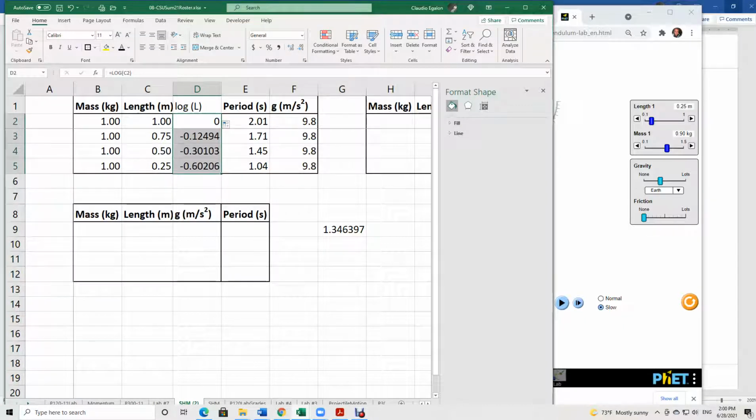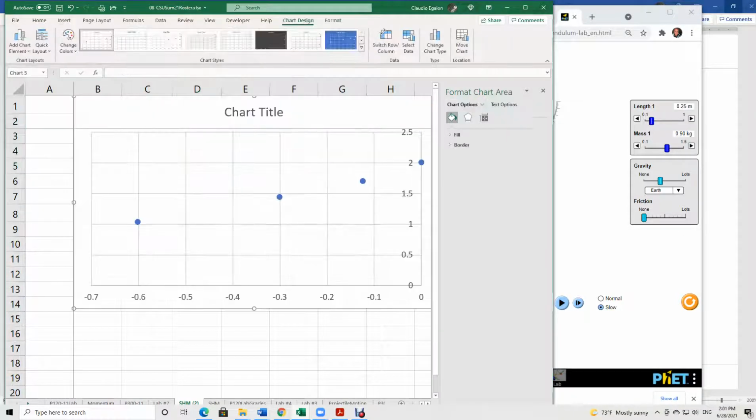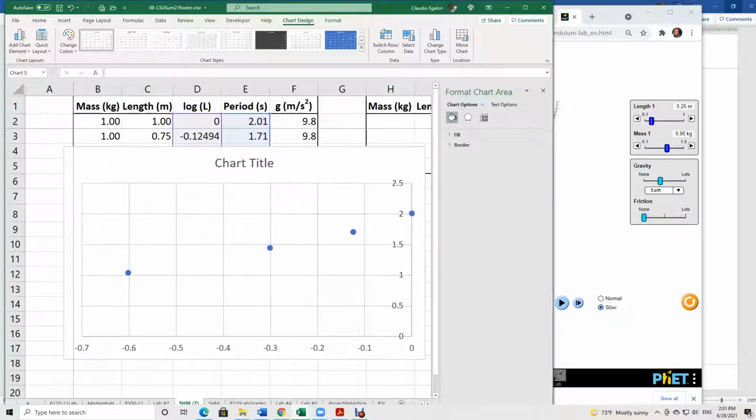Depending on the relationship between the period and the length, or one variable or another, we can visualize it in a linear fashion if we plot one of the variables as a log. Let's see what happens here. I'm going to plot that as a log. We do get a linear relationship.